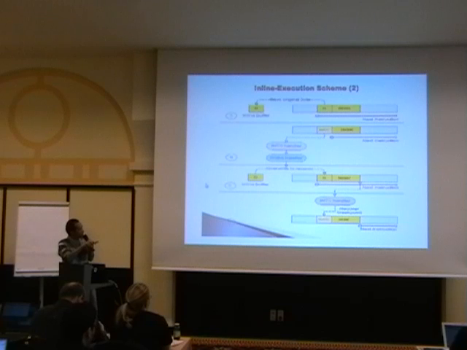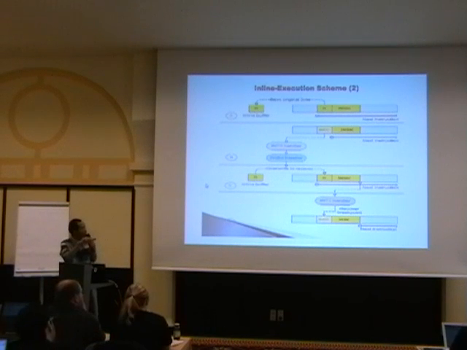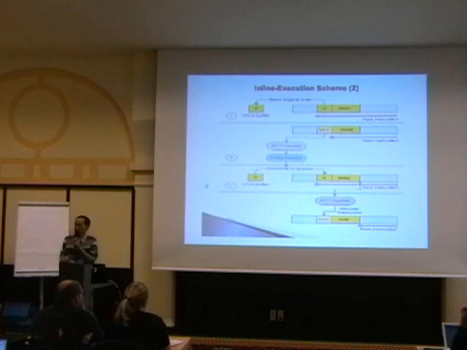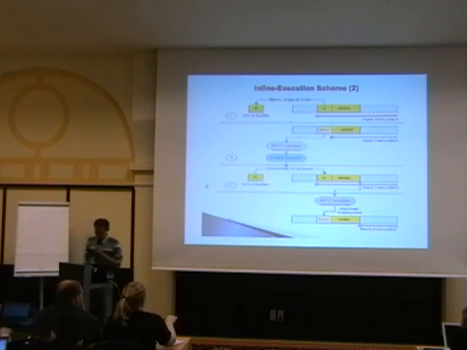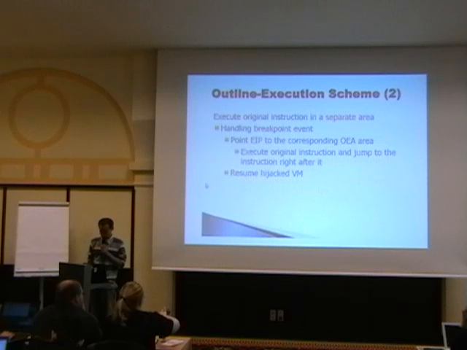So in case the virtual machine is an SMP machine, or it supports a preemptive kernel, another kernel thread can hit this instruction at this time, and that means we miss the breakpoint event. So that's a bad thing about the inline scheme.